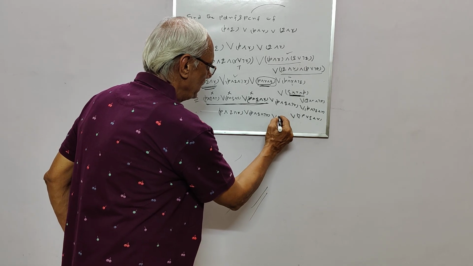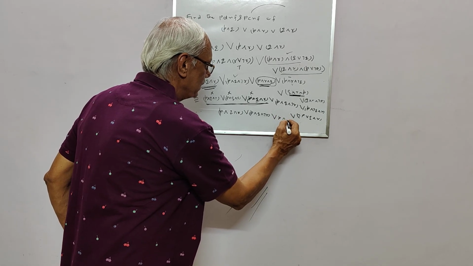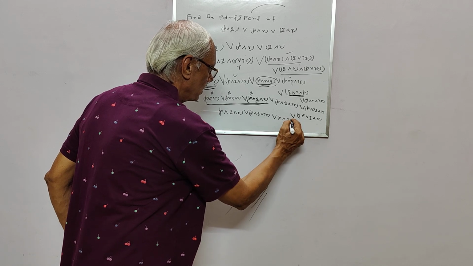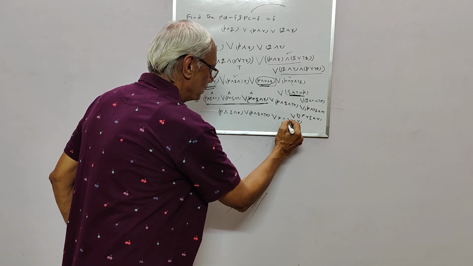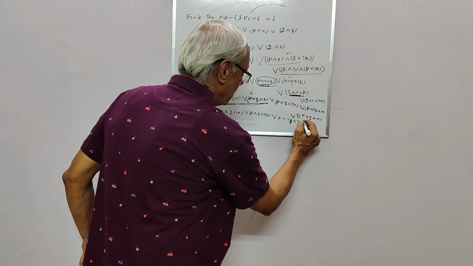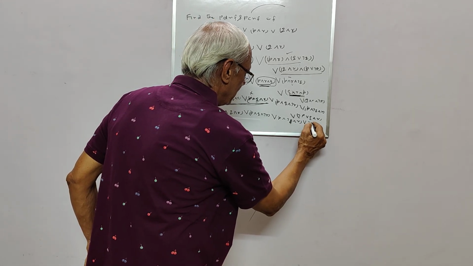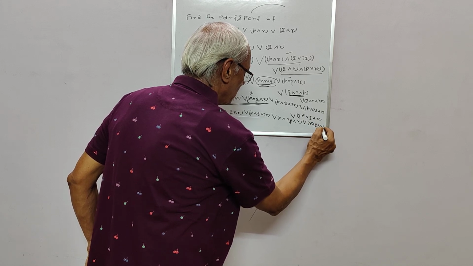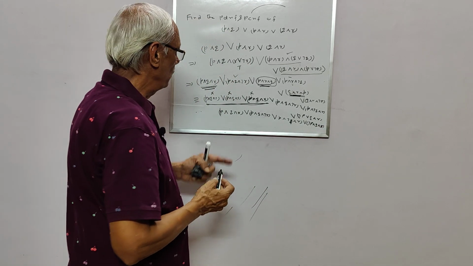It is P conjunction negation Q conjunction R. Then disjunction negation P Q negation R. So what have I got here?